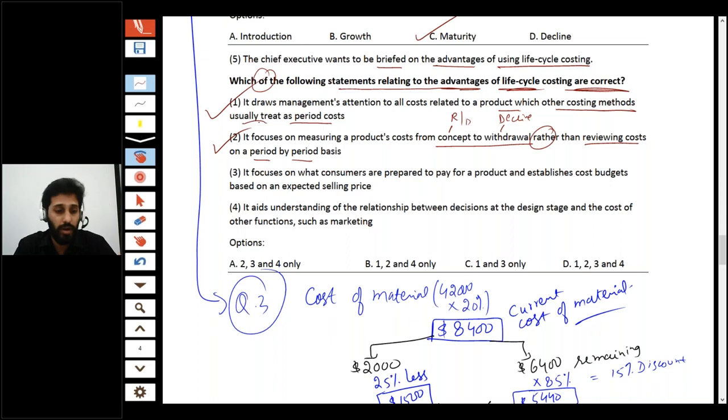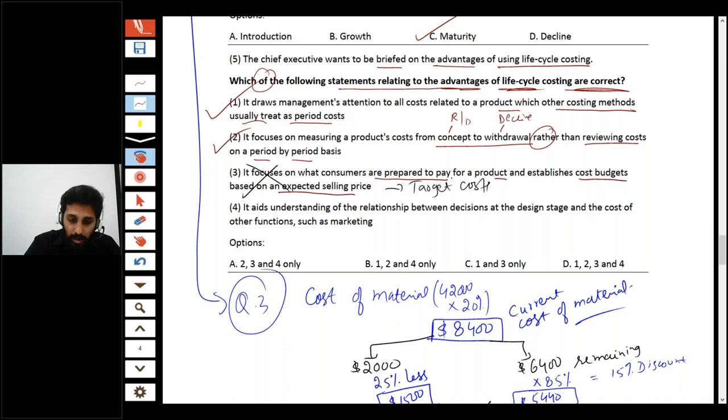Number 3, it focuses on what customers are prepared to pay for a product and establishes a cost budget based on expected selling price. The answer is false. It is the target costing concept, not the life cycle concept.